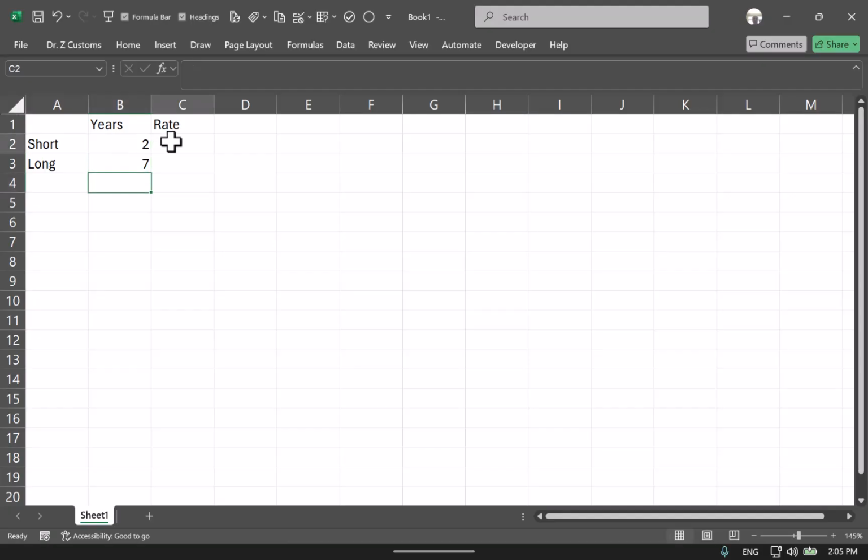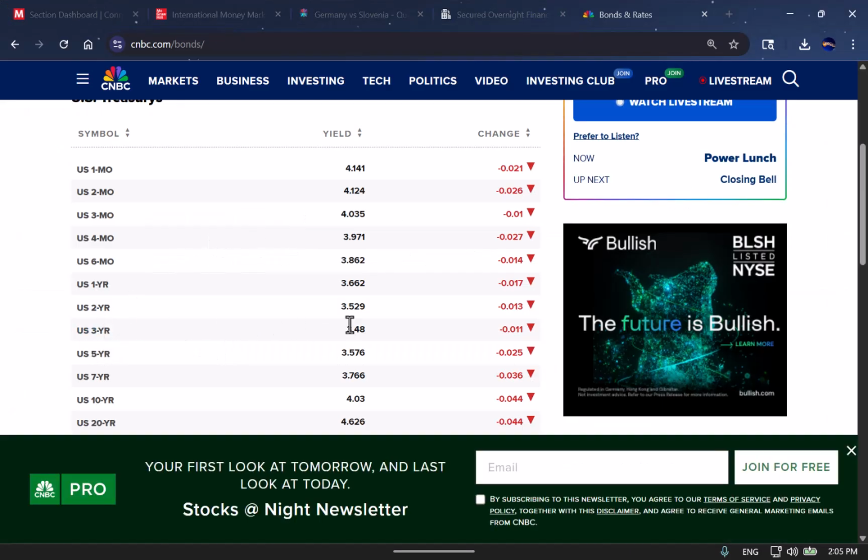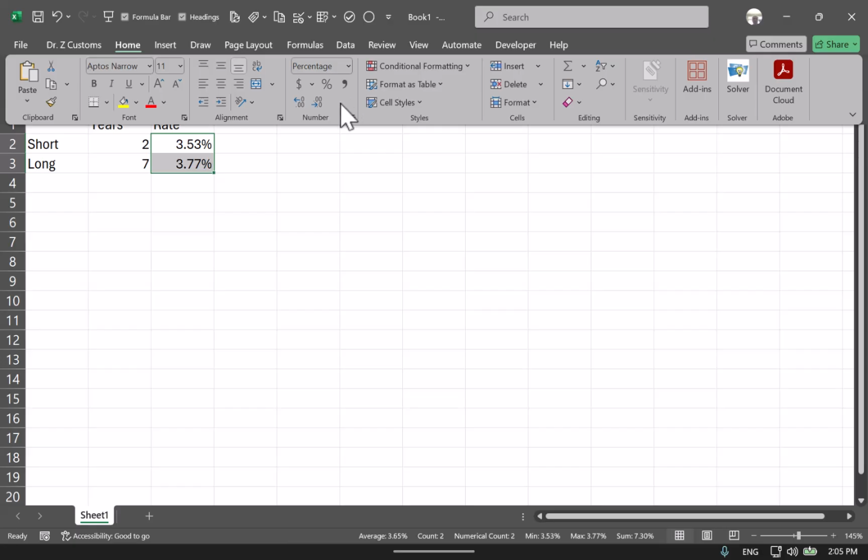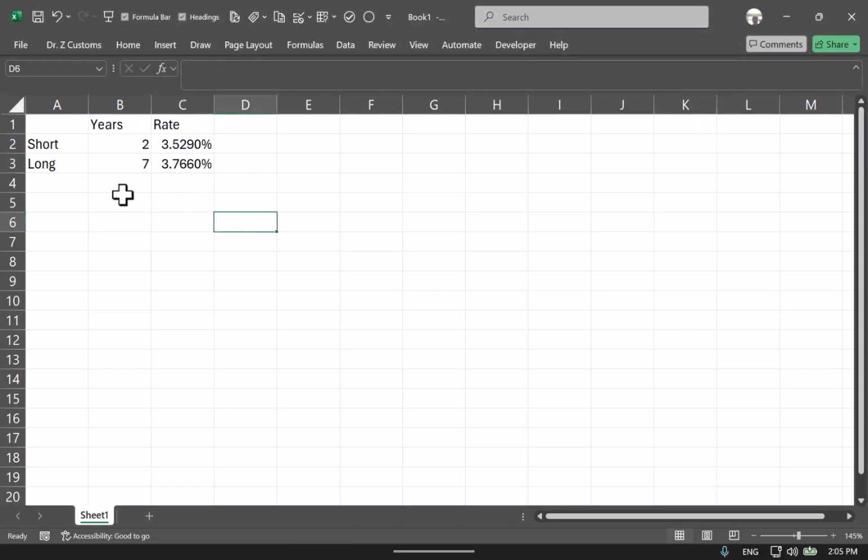Current 2 year rate is 3.529. Seven-year rate is 3.766. Let's add another 2 digits to these. Forward equals long year minus that.